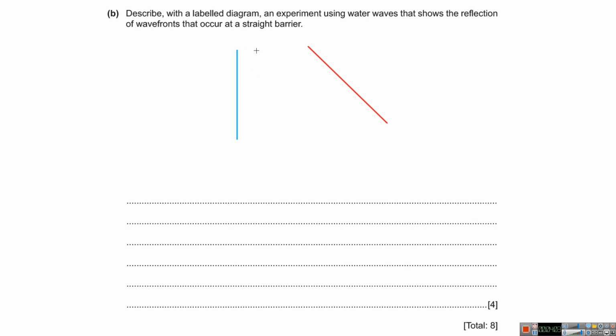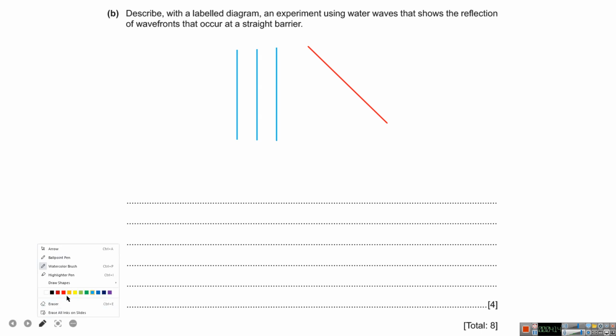One wavefront, second wavefront, third. So draw some wavefronts like this, and simply now draw a vector. I'm going to draw a black vector to represent where it is supposed to be going, right? Like this. Okay, now this is how it is going to look.